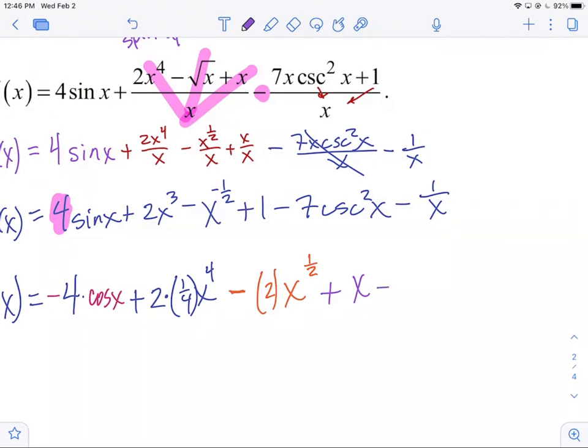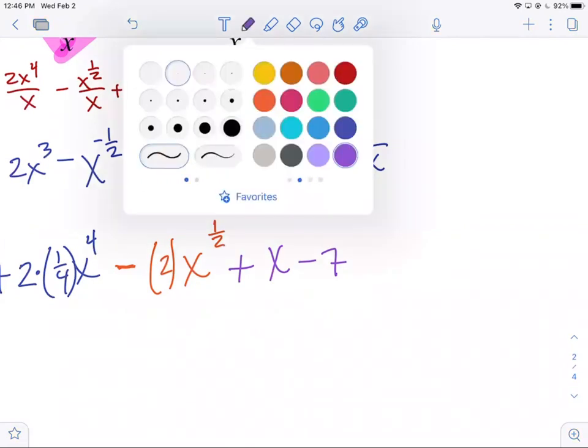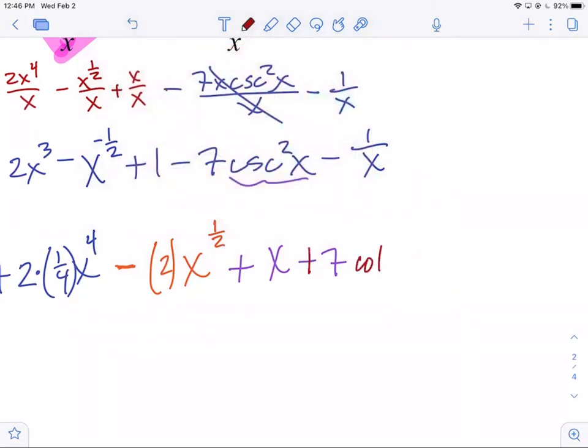Now, the next one, you've got -7 cosecant squared, so -7 goes along for the ride, right? What's the antiderivative of cosecant squared? Negative cotangent. So that negative cotangent is going to make this a plus 7 cotangent of x. And then before you leave that term, check and revise. What would be the derivative of cotangent?